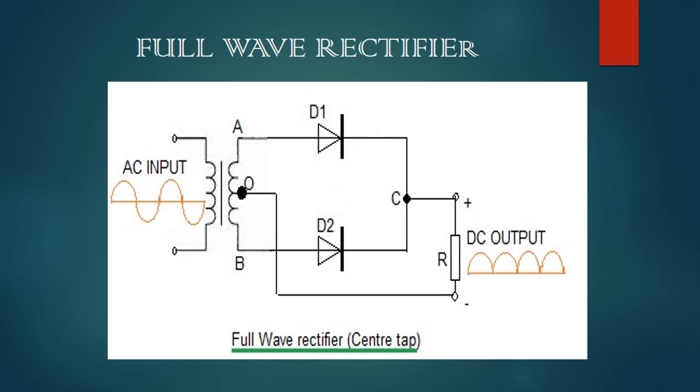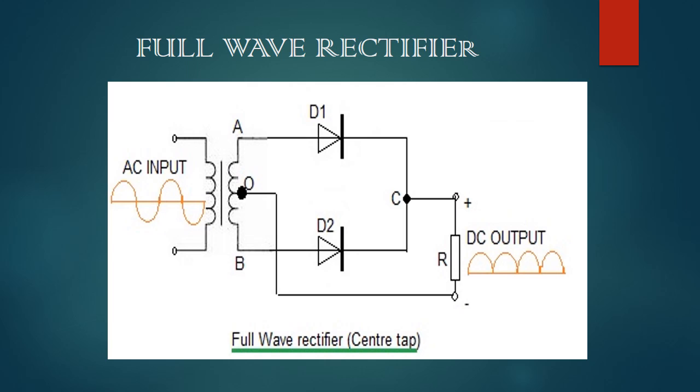Now comes the rectifier. The rectifier converts the AC voltage output of the transformer to a DC voltage. Here you can see the circuit diagram of a full wave rectifier. It consists of two power diodes connected to a single load resistance RL, with each diode taking turns to supply current to the load.